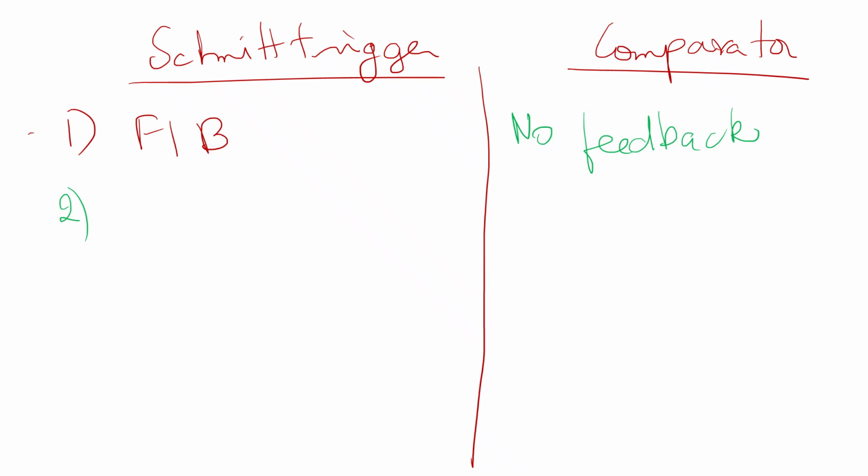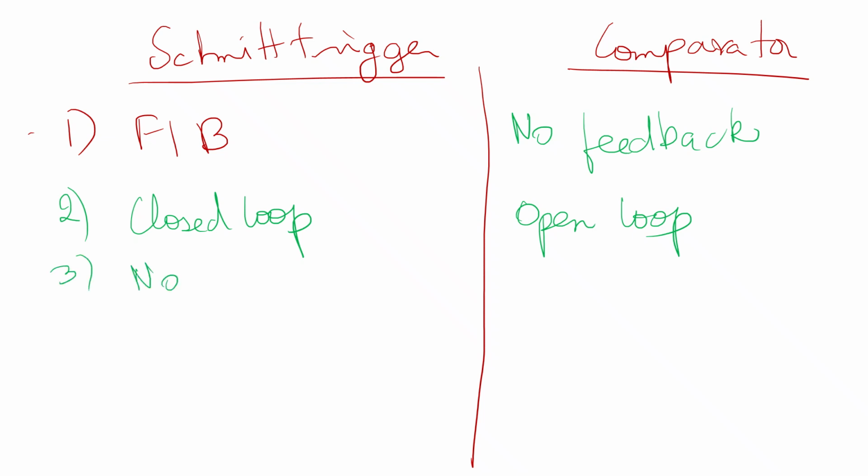The op-amp is in a closed loop mode in the Schmitt trigger, while the comparator is an open loop circuit. No false triggering occurs in the Schmitt trigger circuit.